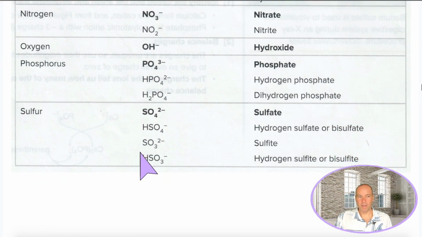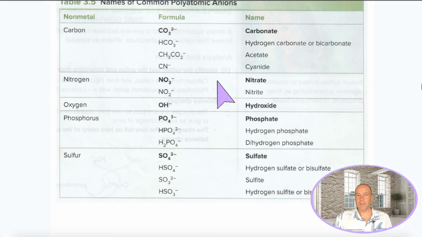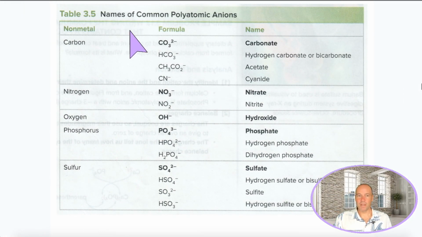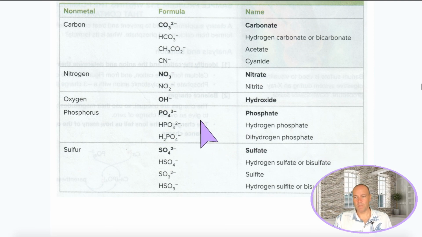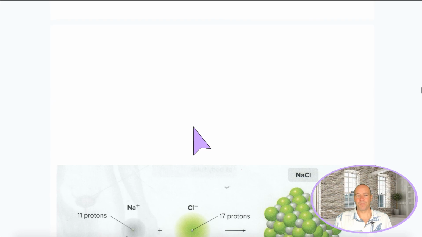So some other ones: sulfate, sulfite, bisulfite. So lots of polyatomic ions in here. Just be aware that you'll see them again, and it's good to have a list of some of the more common ones. There are many more than this, but here are some important common ones, and you want to be able to reference this table when needed.